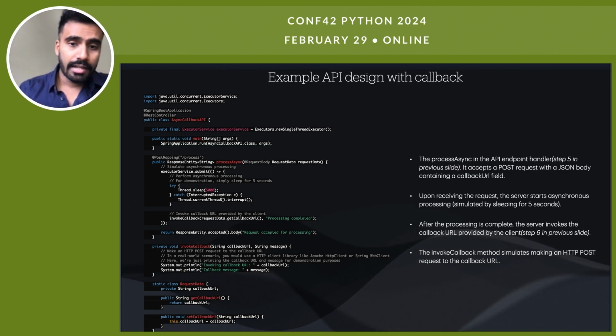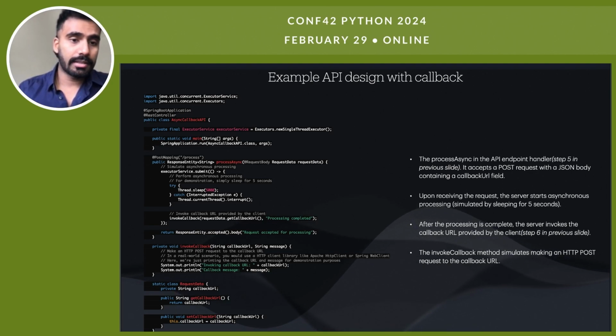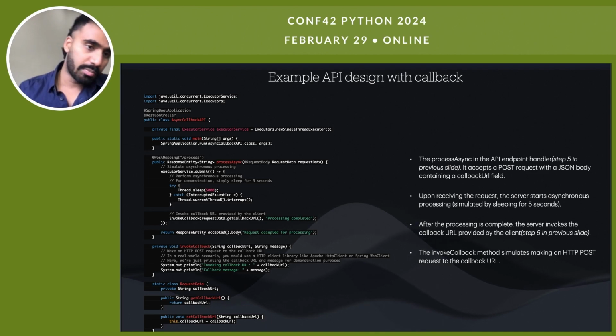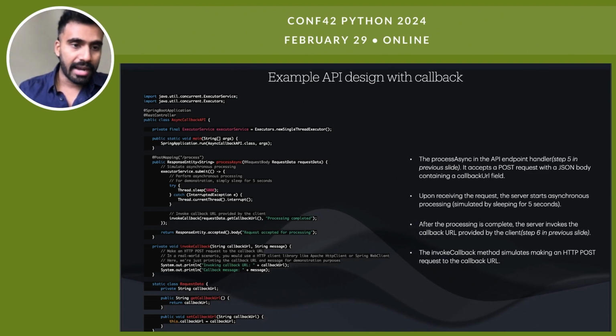Once that is done, in the request, if you see at the bottom, request data has something called callback URL. That means the request received at this endpoint already has a URL to which the processing of the API can send the response back. That's what invoke callback does.